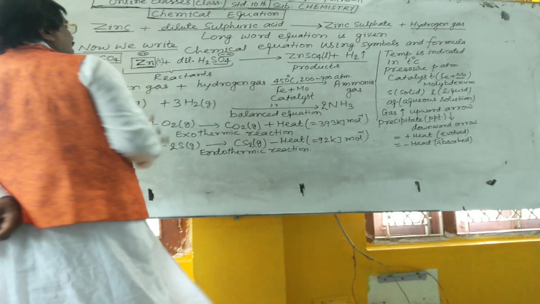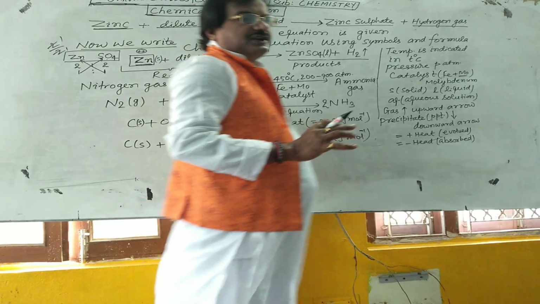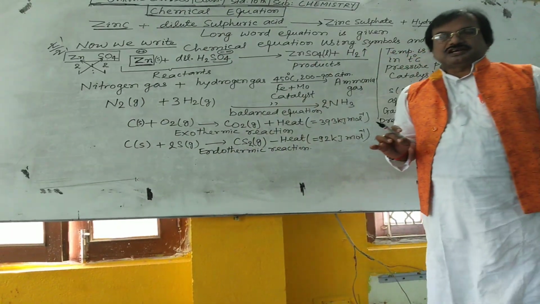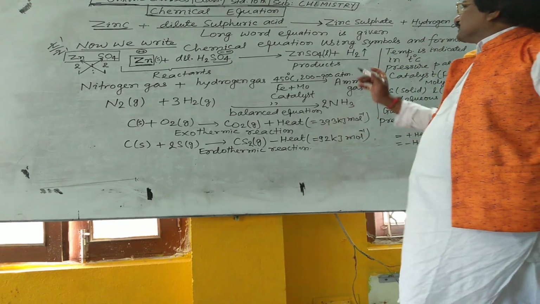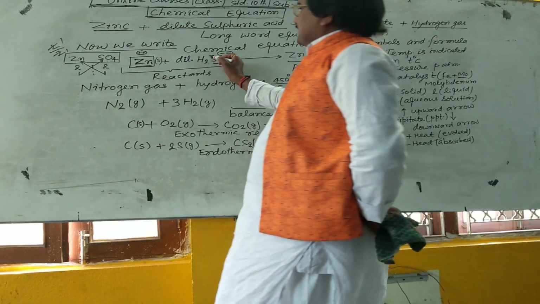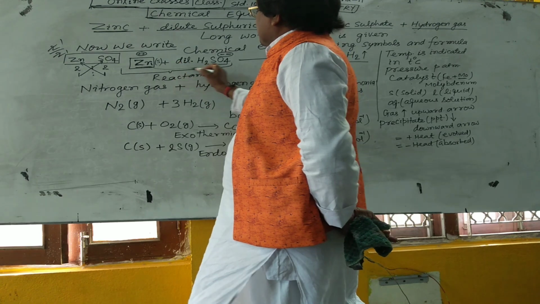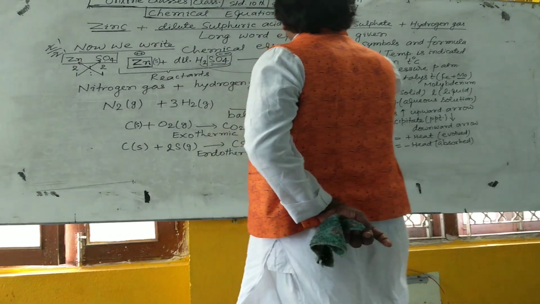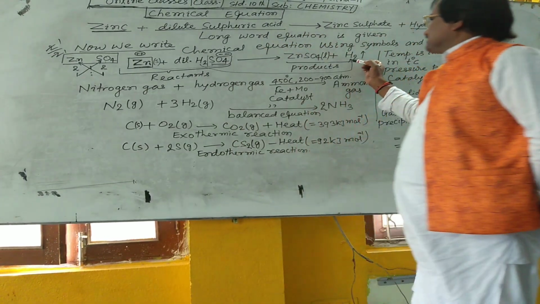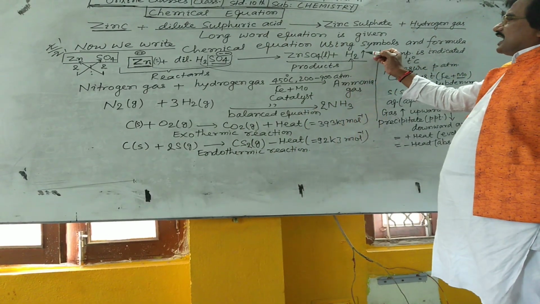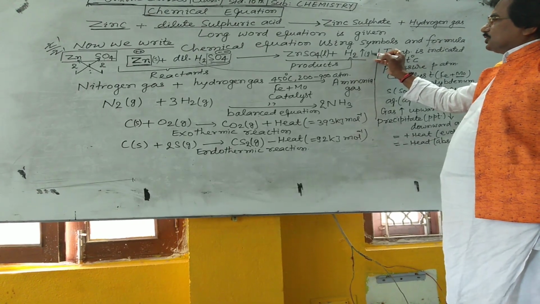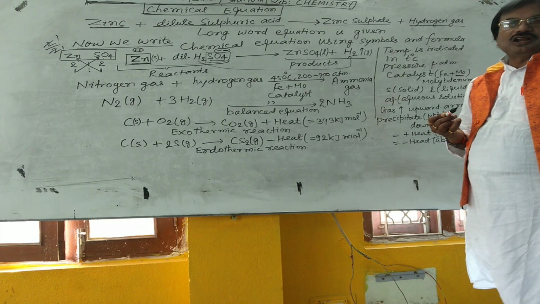These are the symbols used during the formation of a chemical equation. Zn and SO4 are used here, so hydrogen gas is left, and the symbol of gas is either indicated by an upward arrow or by writing g below the symbol of the element.